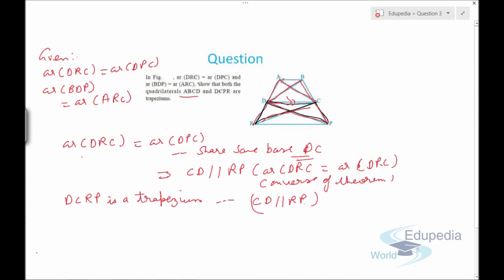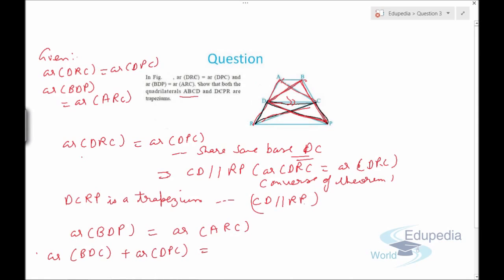Now again it's given that area of BDP is equal to area of ARC. Now area of BDP means this one area, right? So this complete area, now we can split this area, so we can write this as area of BDC plus the area of DCP or area of DPC.